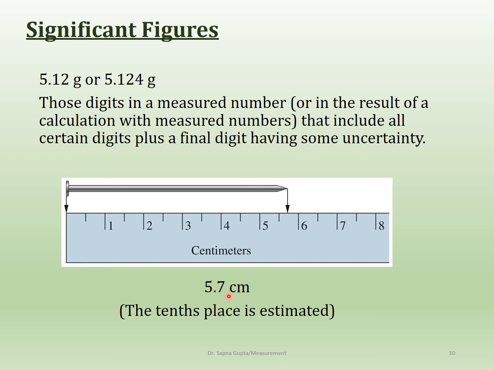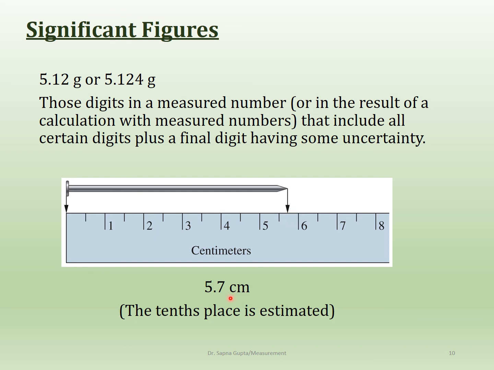And that is why it is an uncertain number, because as anyone is looking at these things when they're measuring, not everyone is going to look at the same thing. So that is why it is uncertain. And that is allowed, but only one digit. So for example, you cannot say that this is going to be 5.75. That would be wrong, because you cannot go to the second decimal place because that is not given to you for measurement at all.